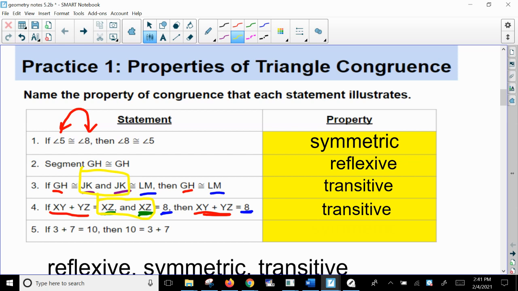Your XY plus YZ equals XZ. Your 8 is equal to XZ. So those two, they equal to each other. Number 5, if 3 plus 7 equals 10, then 10 equals 3 plus 7. Symmetric property. They just flipped. The 3 plus 7 moved to the other side, and the 10 moved to the other side. Okay?